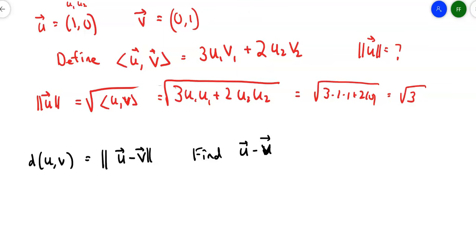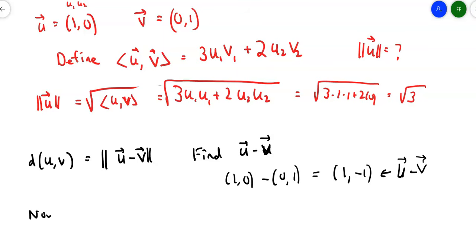Well, u is (1, 0), v is (0, 1), so I'll end up with (1, -1). This is vector u minus vector v. Now I need to find the magnitude.